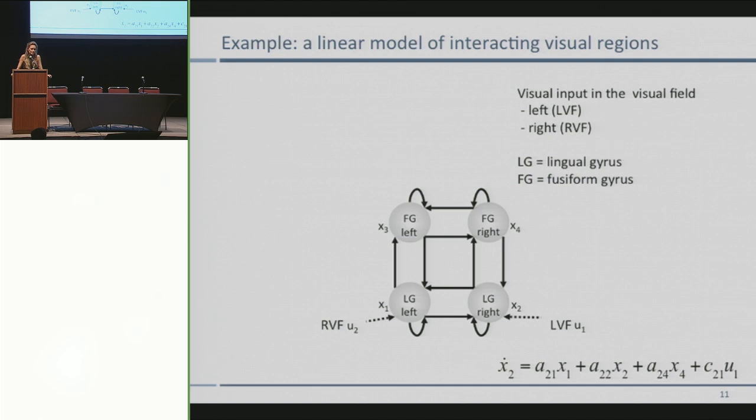We also think there might be some top-down activity, which we'll call A24, which is the activity coming in from the right fusiform gyrus.